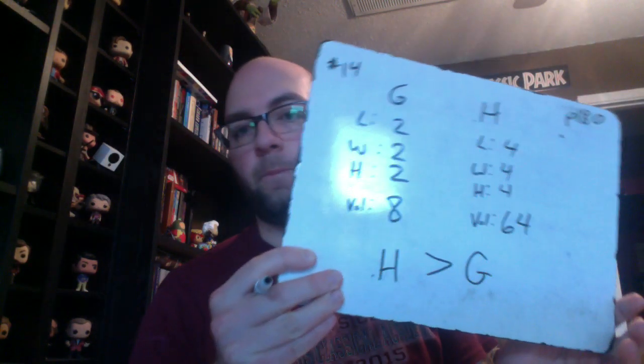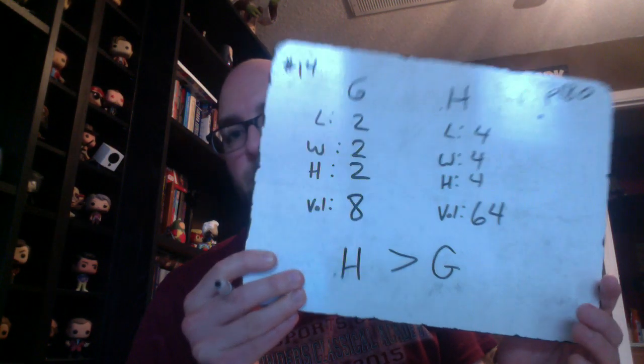All the measurements are the same. 2 by 2 by 2, 4 by 4 by 4. 2 times 2 is 4, times 2 is 8. And then 4 times 4 is 16, times 4 is 64. So solid H has a greater volume than solid G. Cubes are pretty quick multiplication there.